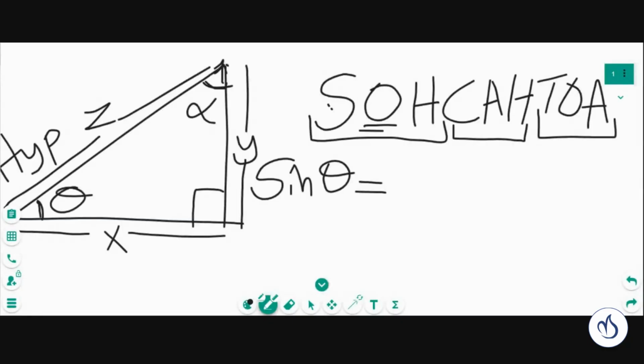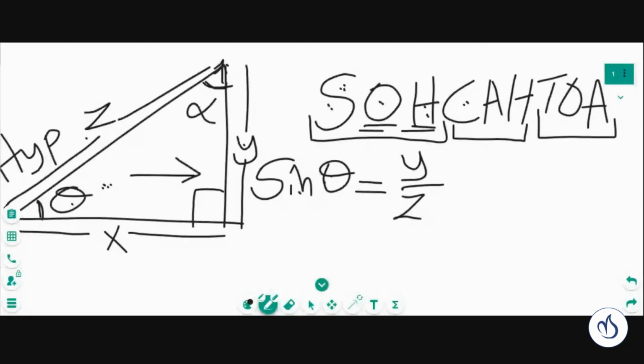If I'm dealing with this angle theta, the opposite is this line that the angle is facing. I will call it the unknown, which is Y. It ends with H, so sine is equal to opposite over hypotenuse.